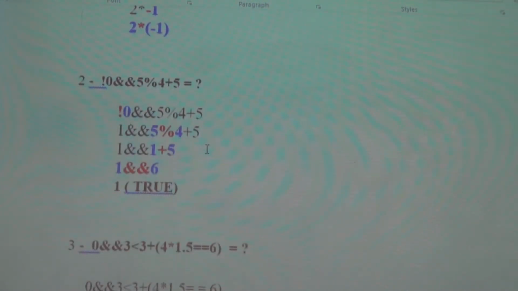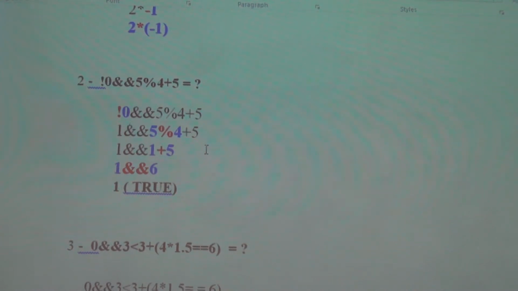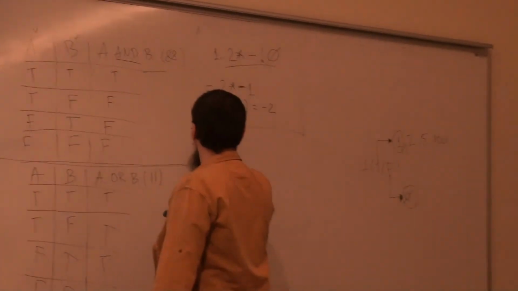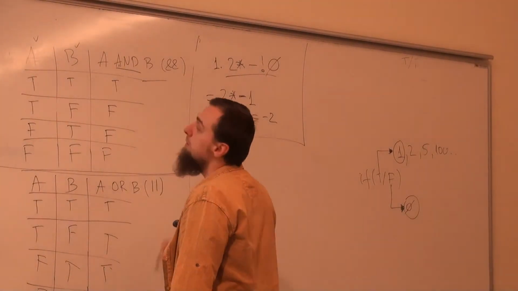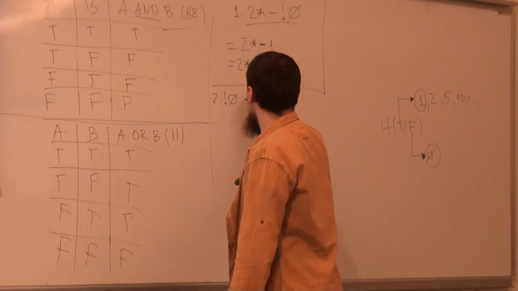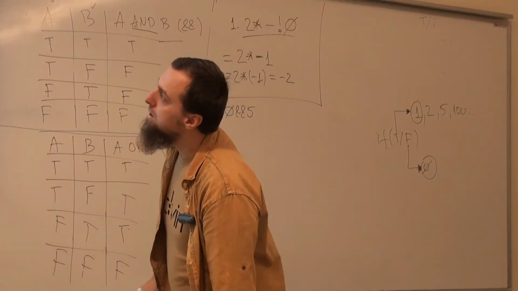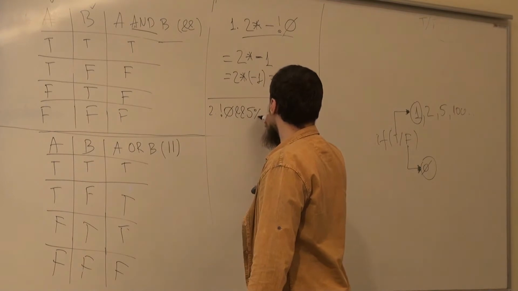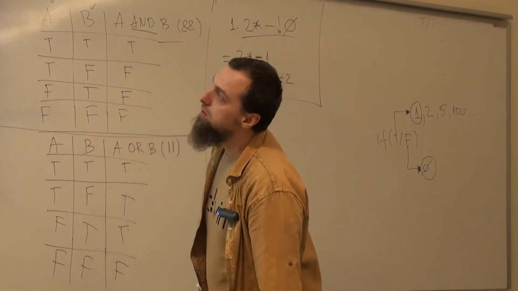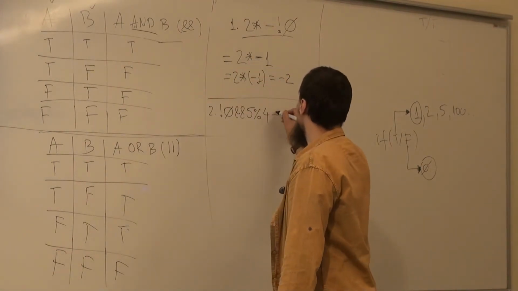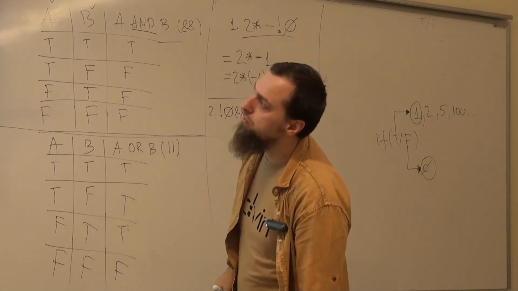Let's go with this one here. So this is our second statement. Not 0 and 5 modulo 4 plus 5.